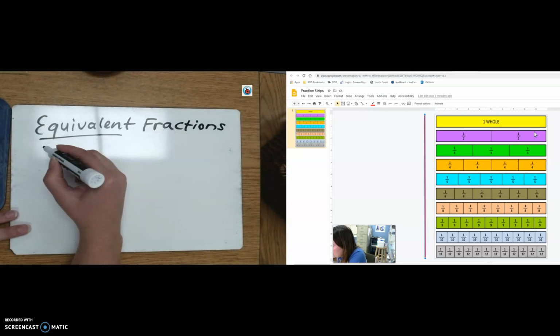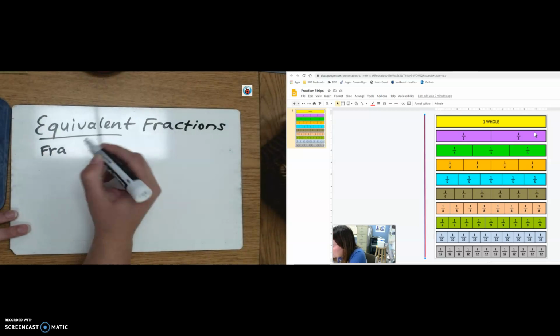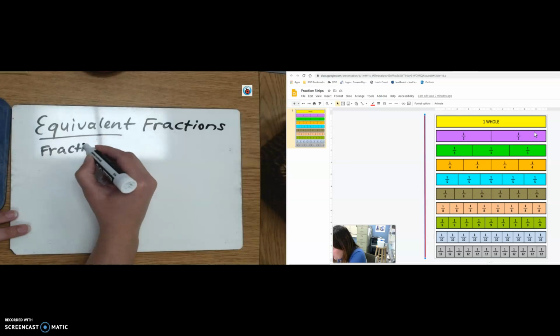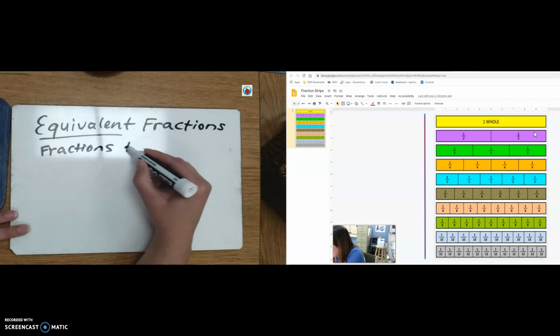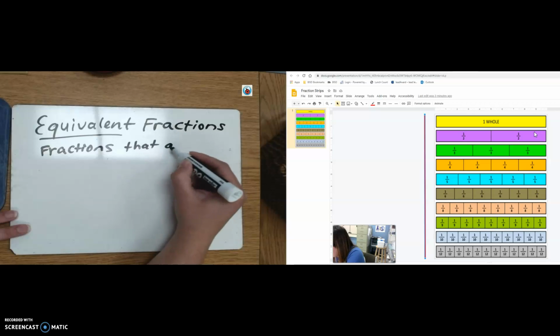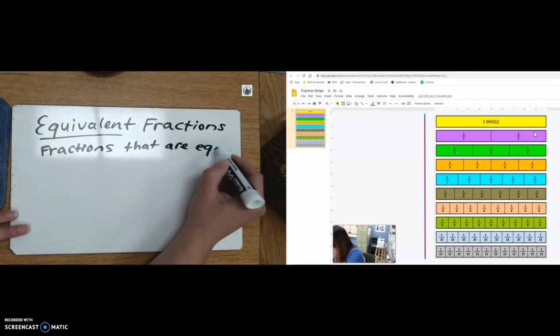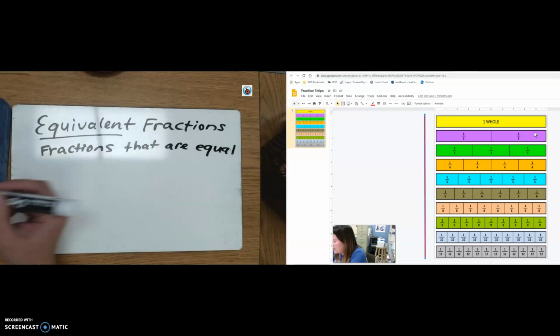Equivalent means fractions that are going to be the same size, or fractions that are equal. The same size pieces. And we're going to be using these fraction strips to help us do this. And you're going to get a copy of this exact document here when you do your activity.